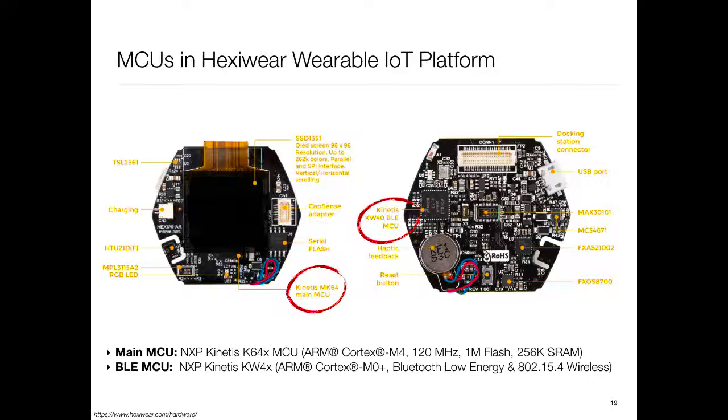So it's the same family but much lower power and obviously slower, as you can see, and with much less memory. But it has two radios attached to it, a BLE radio and a ZigBee radio, 802.15.4.